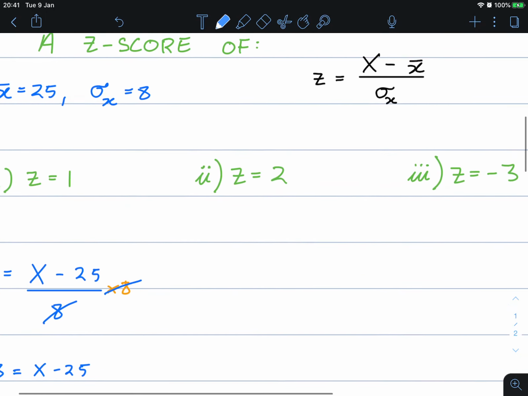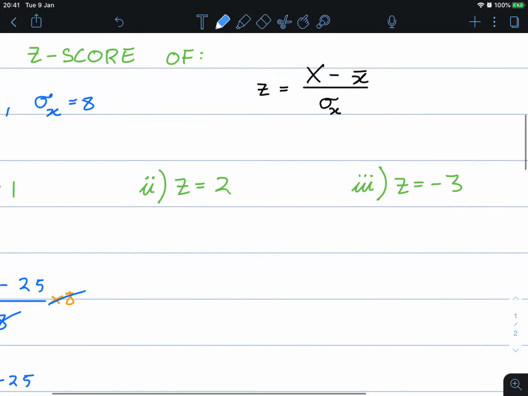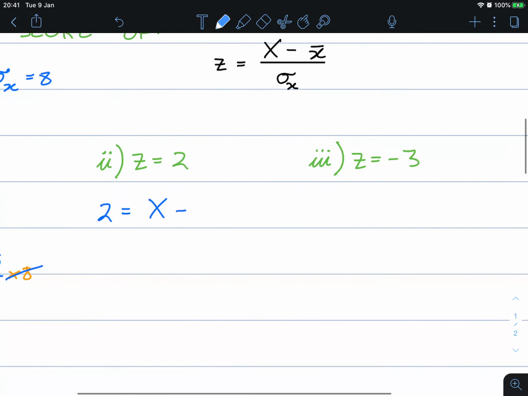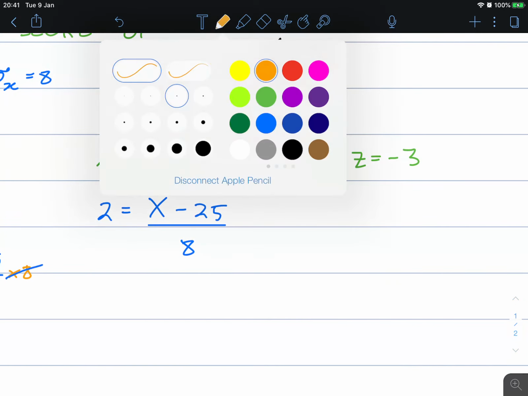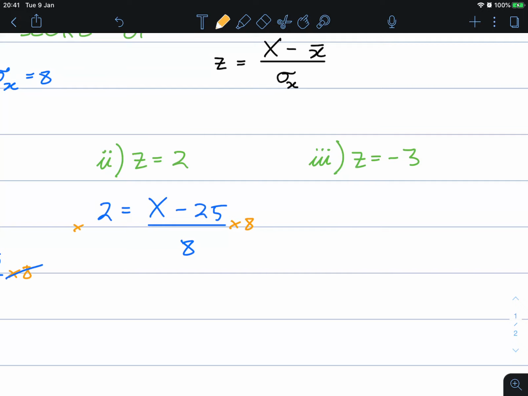Here we go. A z-score of 2, let's substitute that in. 2 is equal to capital X minus 25 over 8. Solving for capital X, times 8 on both sides.